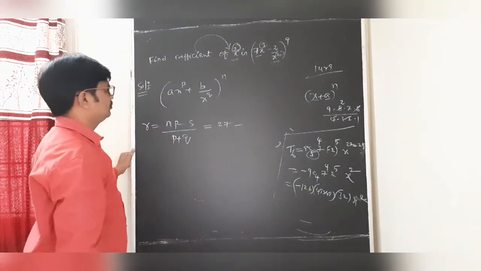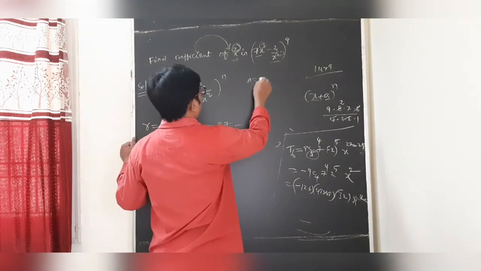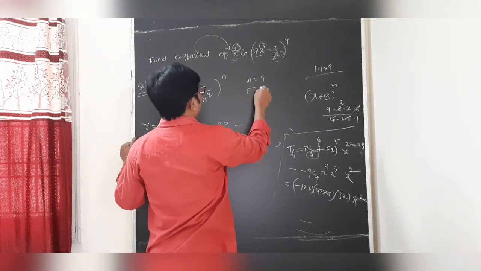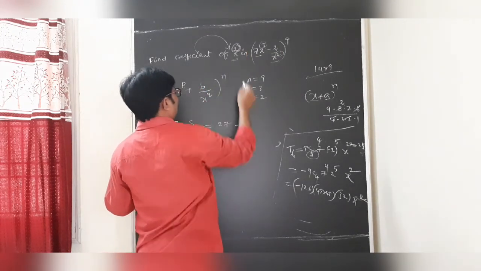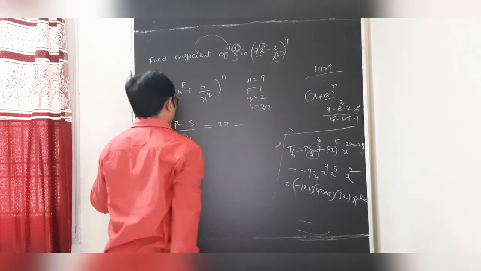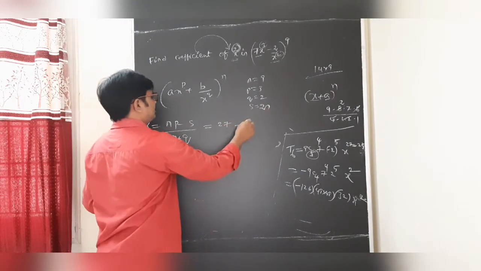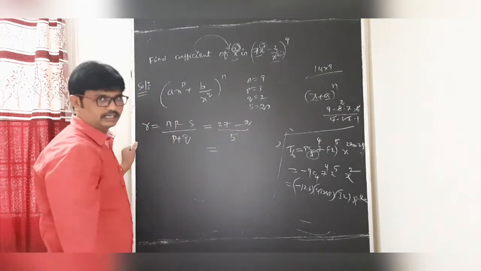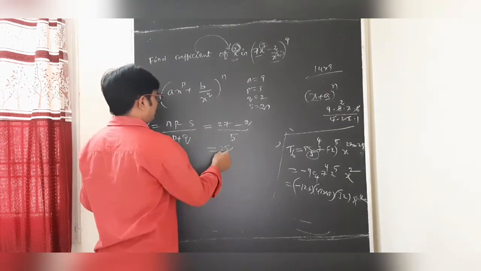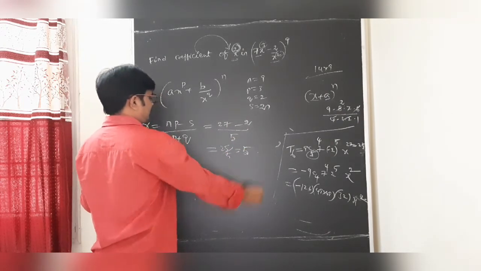np. So dear students, we are taking n is 9, p is 3, q is 2. So s will be, students, the coefficient, that is 2. np minus s is 25. p plus q is 5. This is what, students? 25 upon 5 equal to 5.